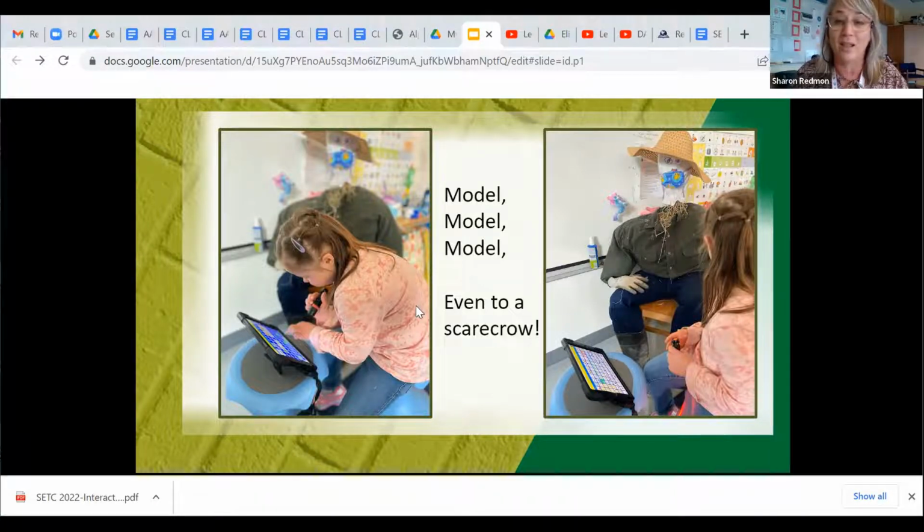So she was going to model that for the scarecrow. And that to me is a teacher big win, having our students model to a scarecrow, that they have learned the importance of that. So if my friend Steffi can model to a scarecrow, everyone can model to our students who use AAC.